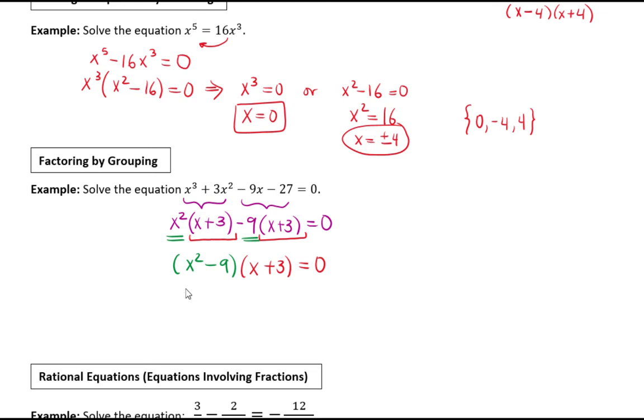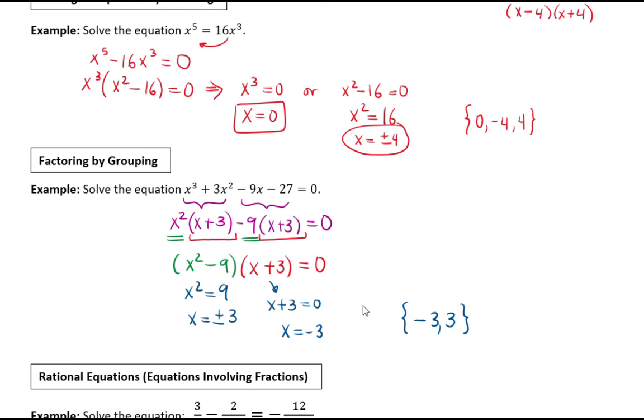From this factor, let me write it with blue, we got x squared equals 9, or in other words x equals minus plus 3, and from here we got x plus 3 equals 0, so x equals negative 3. If you combine all of them, we come up with the solution set negative 3 and positive 3.